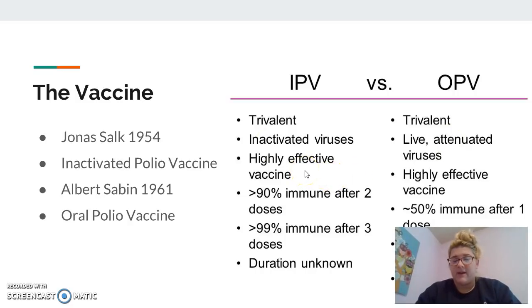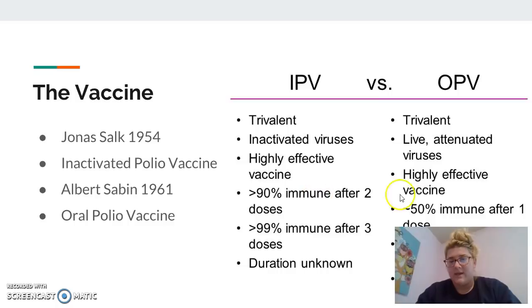Both are highly effective, but IPV is going to be more effective. And typically, when children are born, over the course of the first 5 years, children are administered about 4 doses of the IPV vaccine. The OPV vaccine is not used very often.